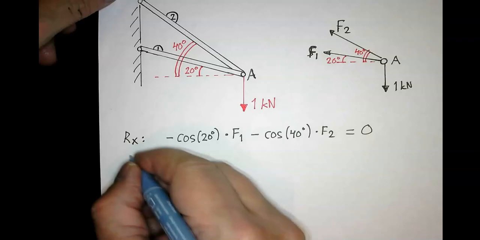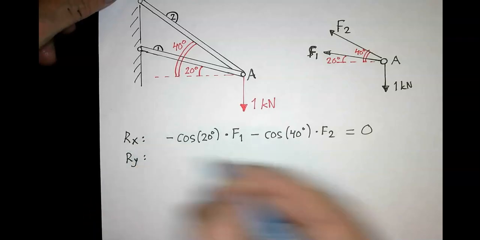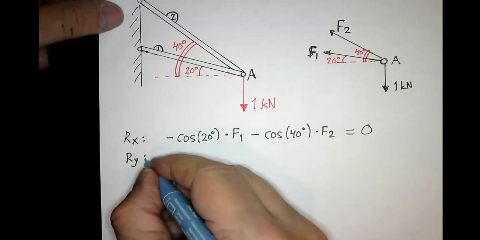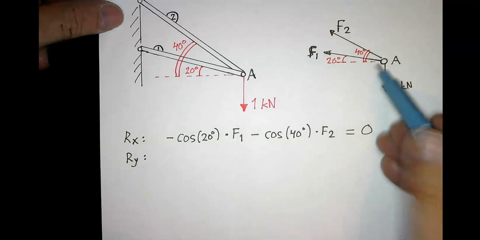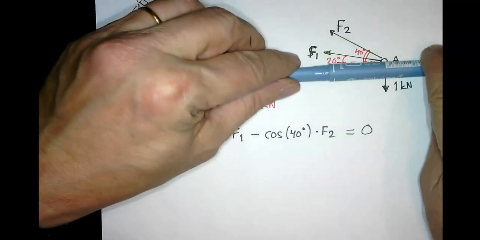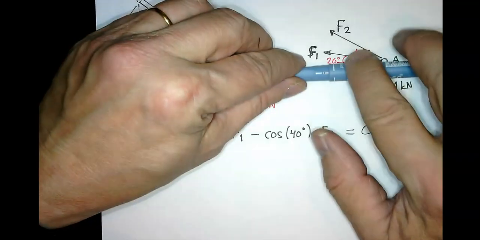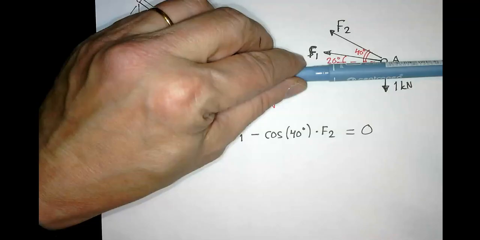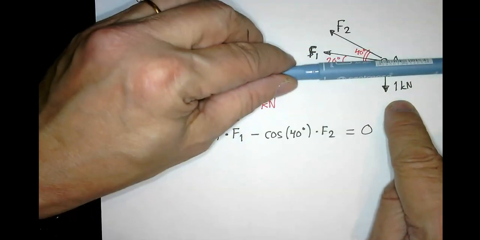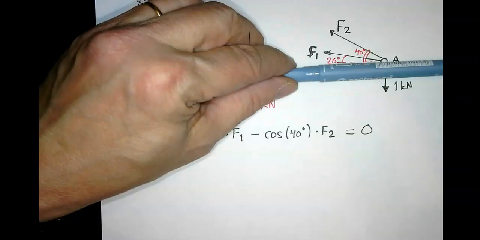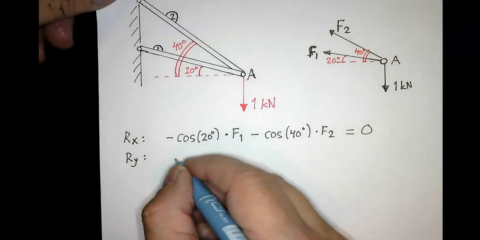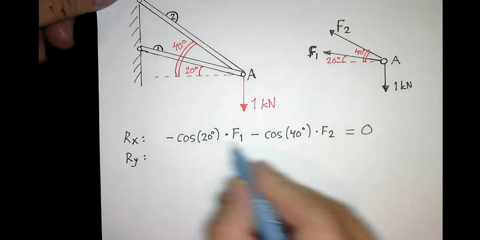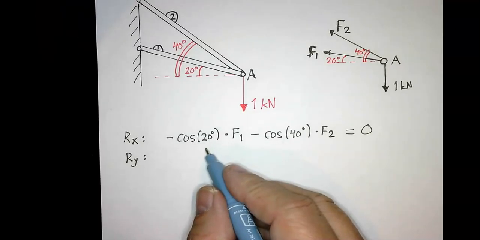And the Ry component, we have the horizontal plane here. F1 and F2 are pointing upwards, so they get a positive sign, and this 1 kilonewton is pointing downwards, so it gets a negative sign. So here we get the same angles, but now sines.